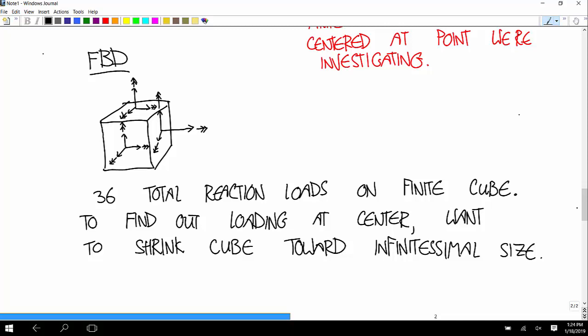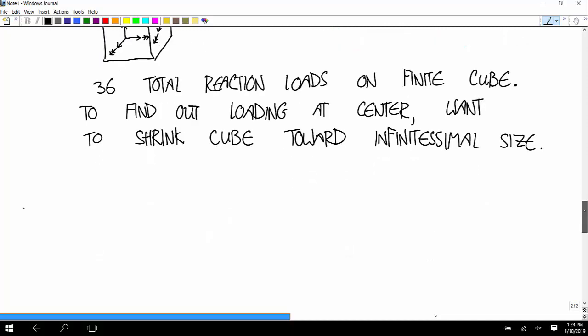It would make sense that if you shrunk it to half that size, that force would get cut in half, roughly, all things else being equal. So if you shrink those faces down to 0, you're also shrinking those reactions to 0, and it doesn't give you any information about the loading.